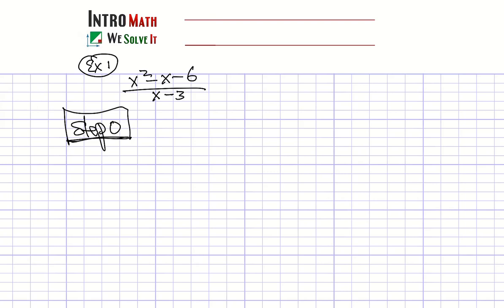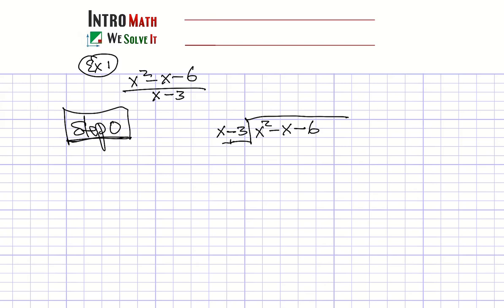Let me use this line here: x squared minus x minus 6, right? We'll go like that, and we'll put the divisor here. The divisor is okay, nothing is missing there. So we'll say that that's step 0.